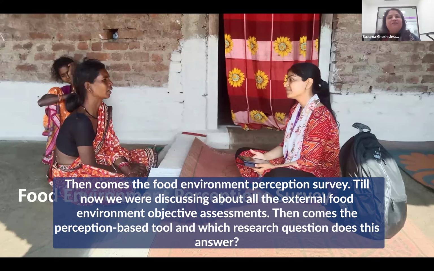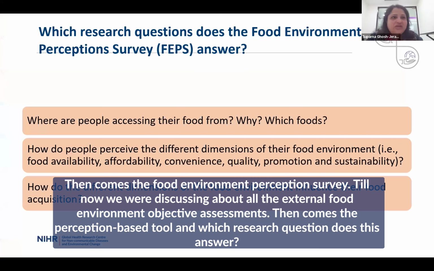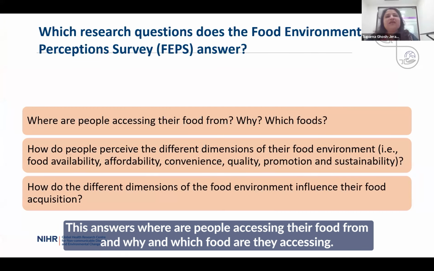Then comes the food environment perception survey. Till now, we were discussing all the external food environment objective assessments. Then comes the perception based tool. And which research question does this answer? This answers where are people accessing their food from and why, and which foods are they accessing.